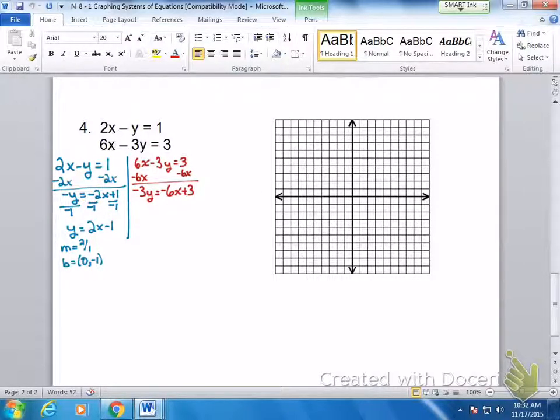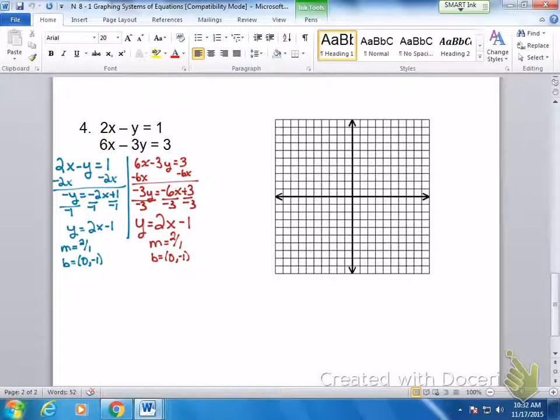But again, I have to fix my y. This time there's a negative 3 in front of it, so I divide everything by negative 3. That leaves me y equals negative 6 divided by negative 3 is 2, so 2x. Positive 3 divided by negative 3 is minus 1. So I have a slope of 2 over 1. My b is negative 1, so it's 0, negative 1.